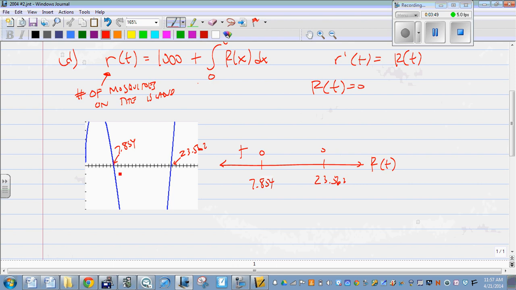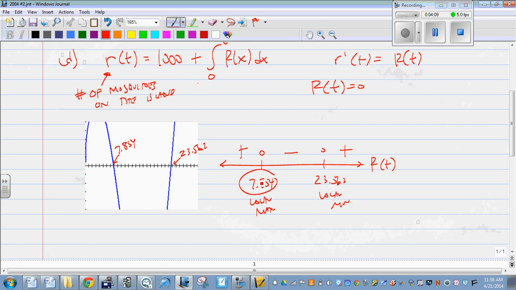Then from here to here, it's below the axis, so it's going to be negative. And then over here, it's going to be positive because it's above the axis. So we have a local max right here at 7.854, and here we have a local minimum. We're trying to find the absolute maximum.